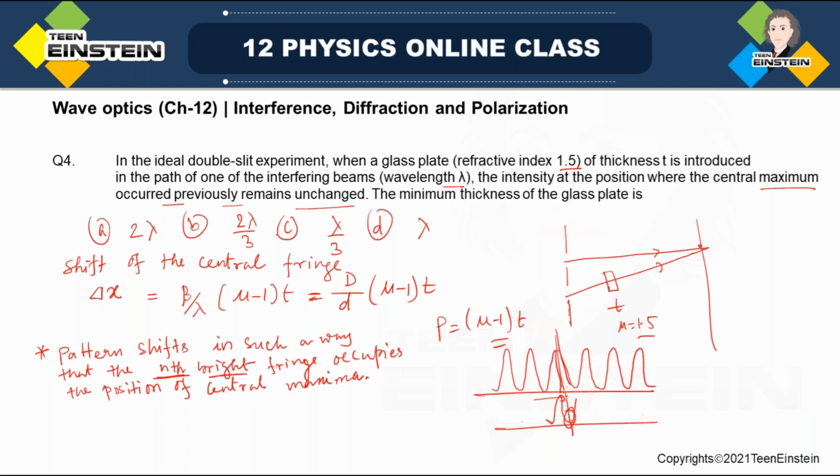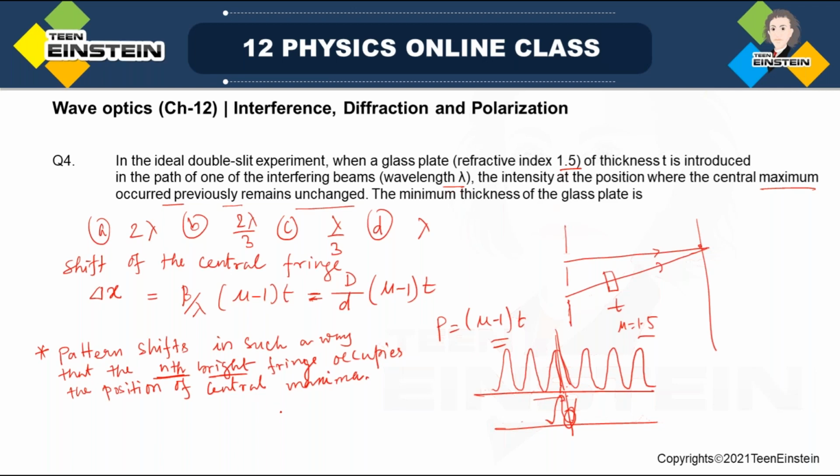So you have to understand that the intensity is remaining the same. That is because some bright pattern is just coinciding at the position of the central maxima now.